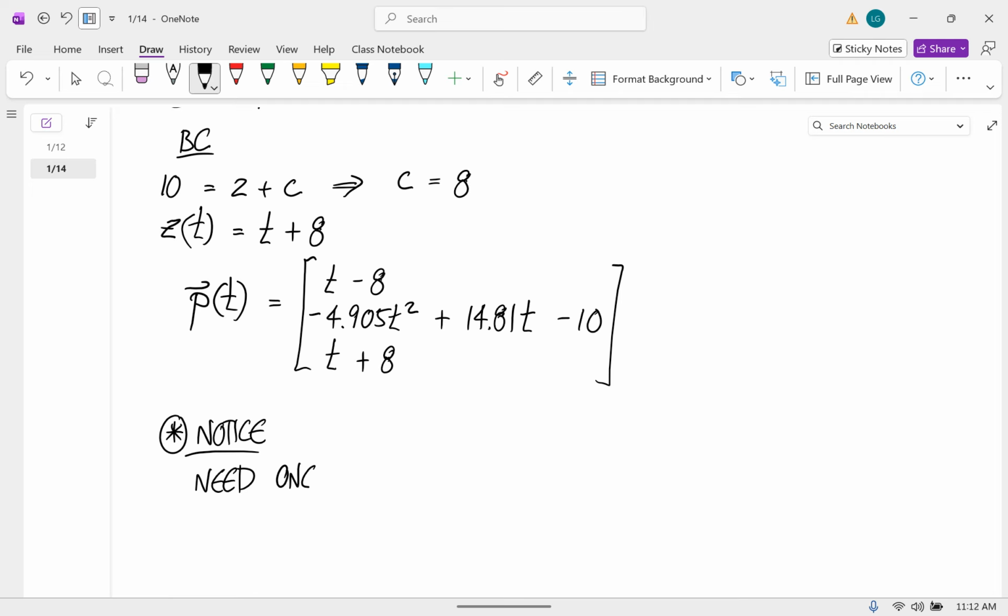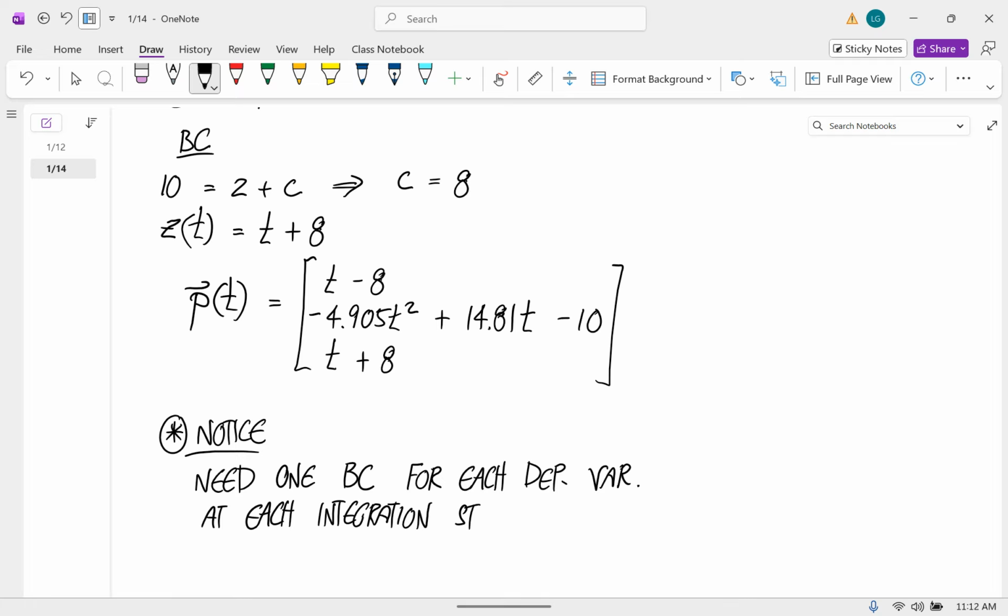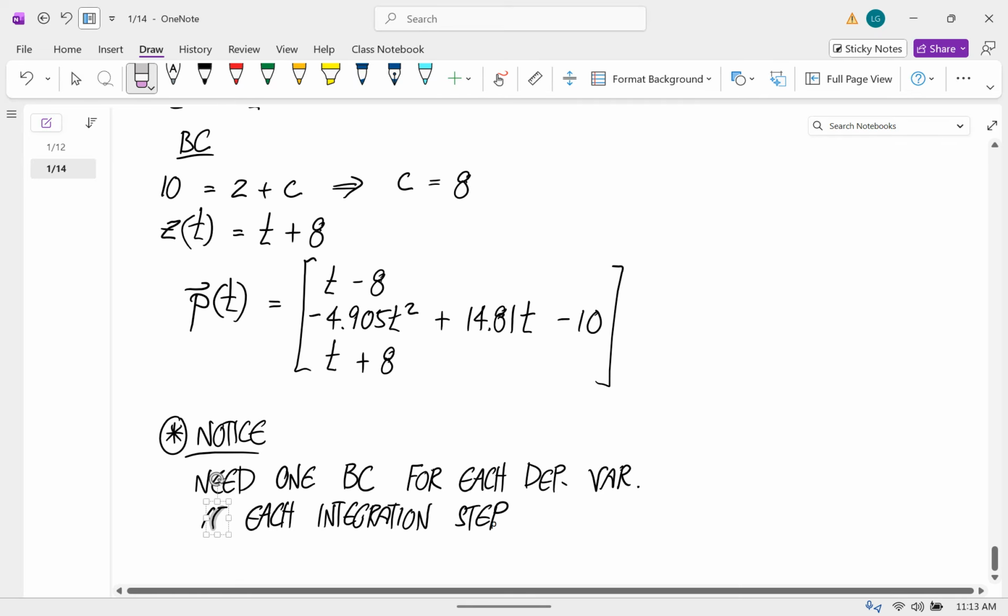So you need one boundary condition for each dependent variable for each integration step.